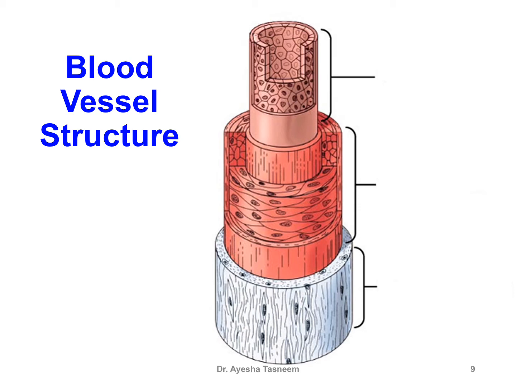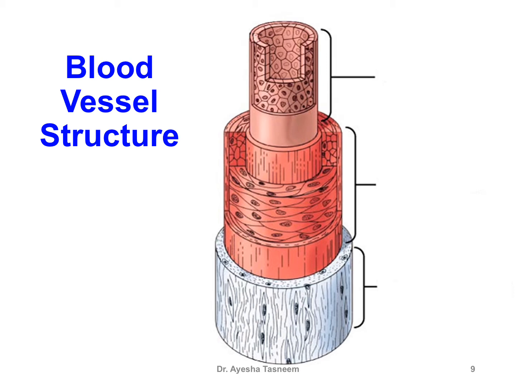tunica adventitia. In this figure, this is the innermost layer that is composed of a single layer of squamous cells that forms the tunica intima, and it has some elastic tissue with it.